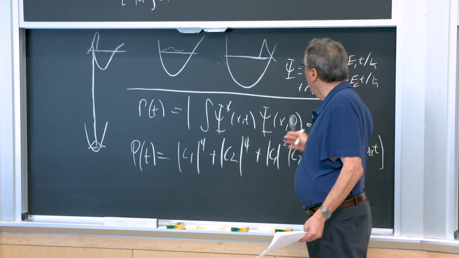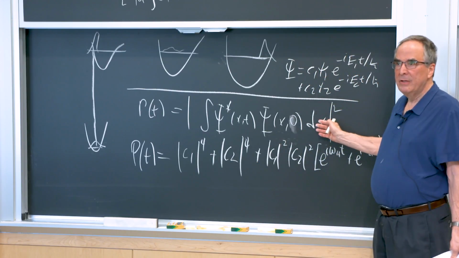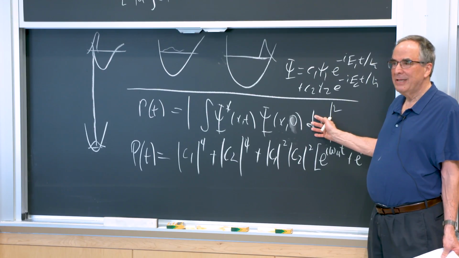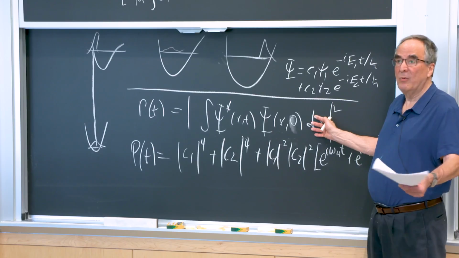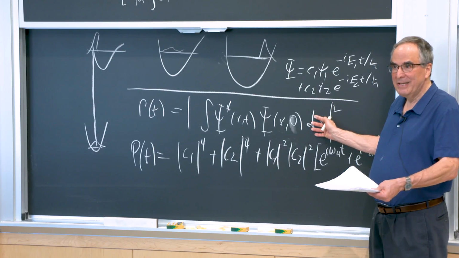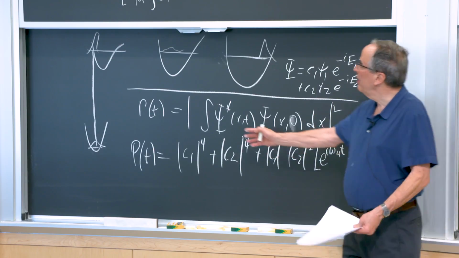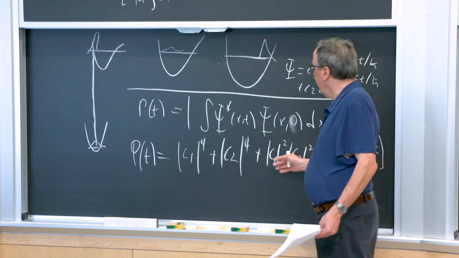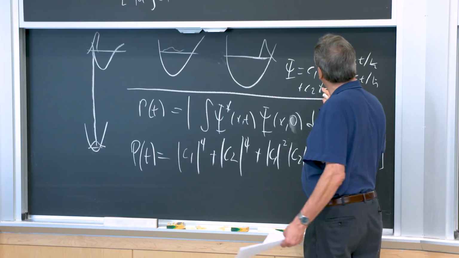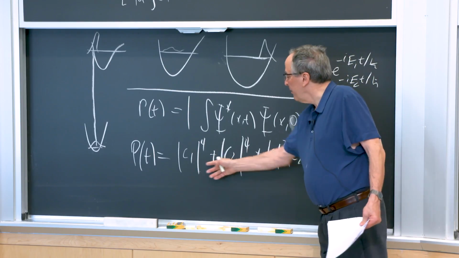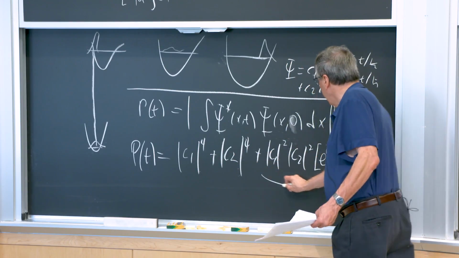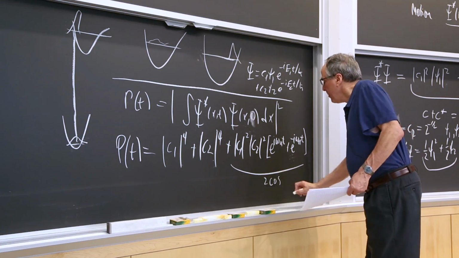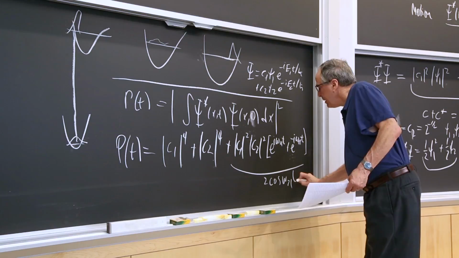Now, we're integrating. When we integrate, the wave functions go away. Right? The wave functions become either 1 or 0. And so we have some probability, the amplitudes of the wave functions, and we have a time-independent part and a time-dependent part. And this is 2 cosine omega 2 t.